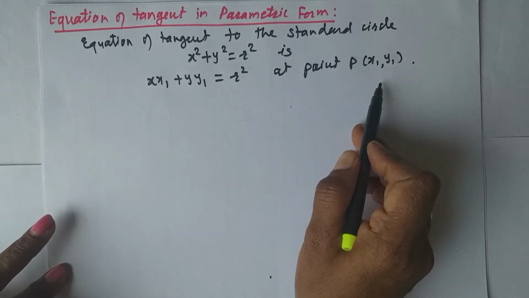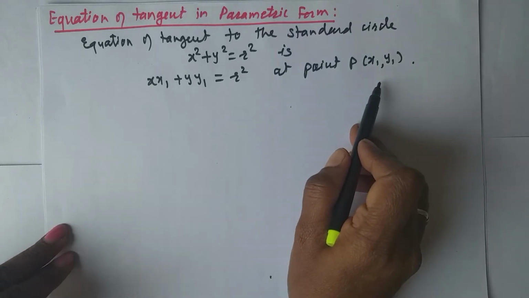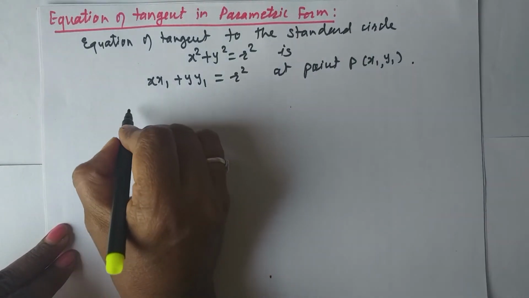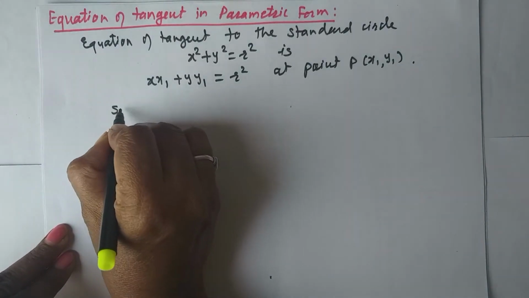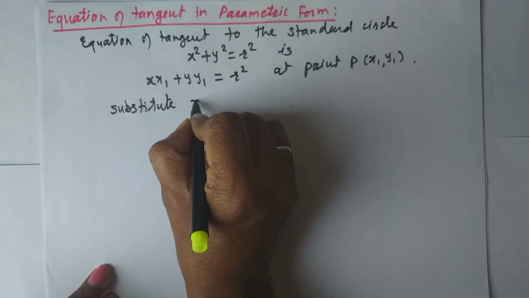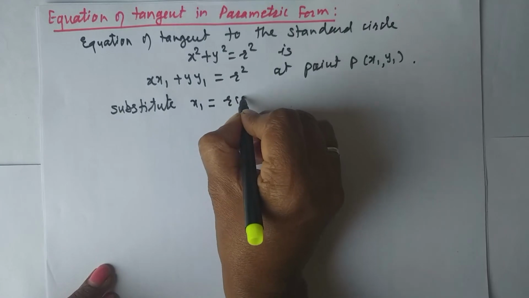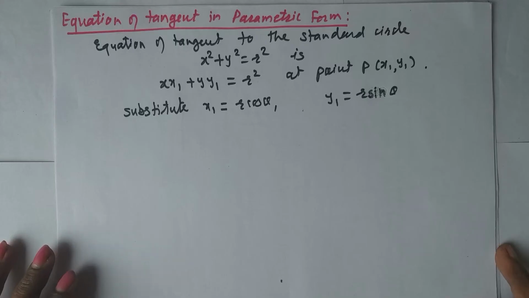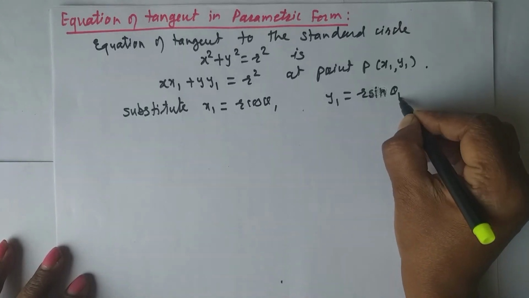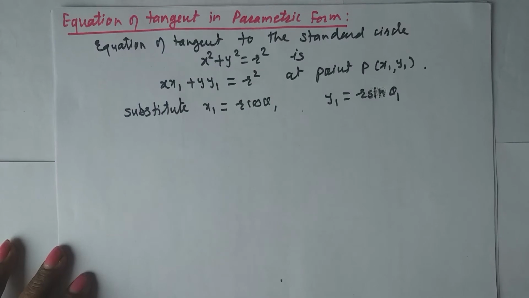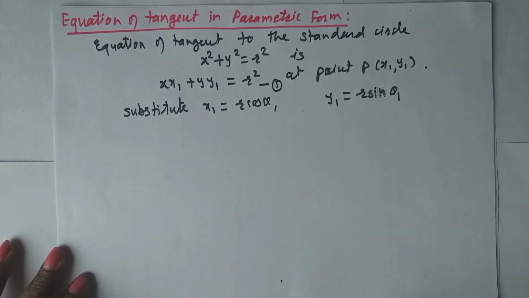Now to find the parametric equation of tangent to the standard circle, we will substitute this point x1 as r cos theta 1 and y1 as r sin theta 1 in equation 1. Okay. Then we will get the parametric equation of tangent.